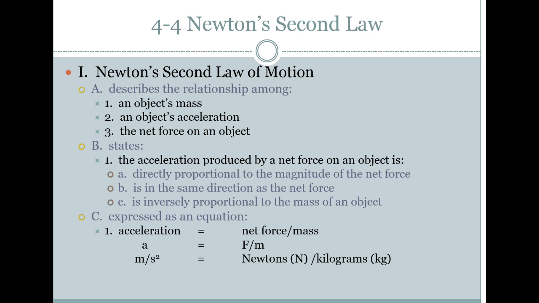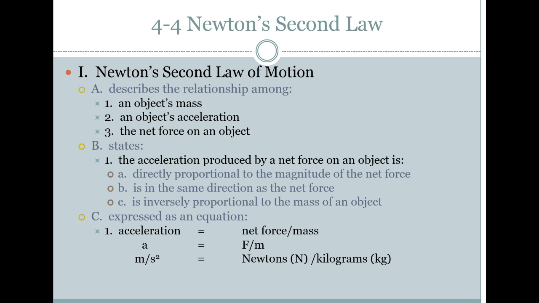Acceleration is in direct proportion to net force over mass. By using consistent units such as newtons, capital N, for force, kilograms, kg, for mass, and meters per second squared, m/s², for acceleration, we get the exact equation. Acceleration equals net force divided by mass.